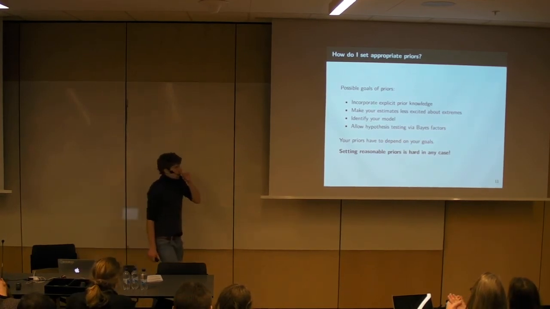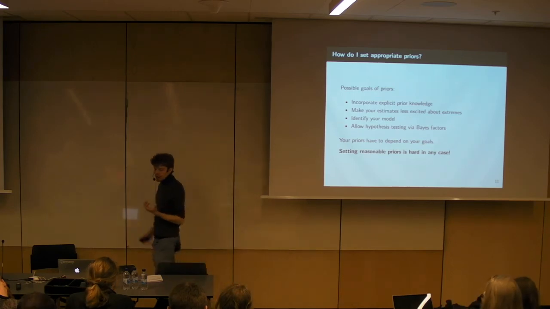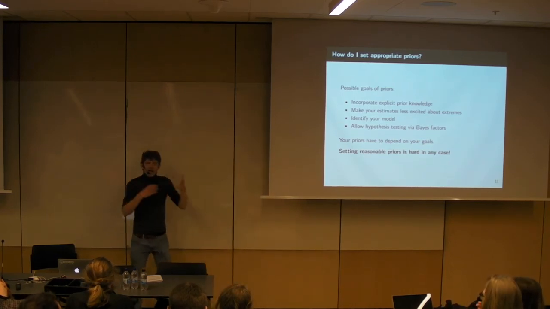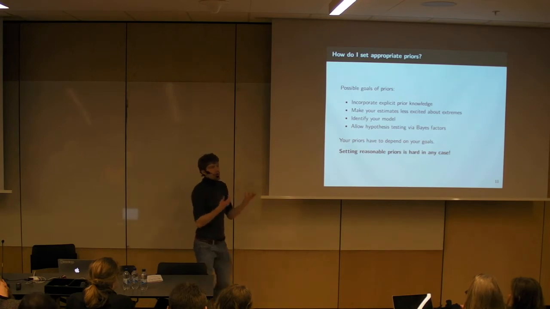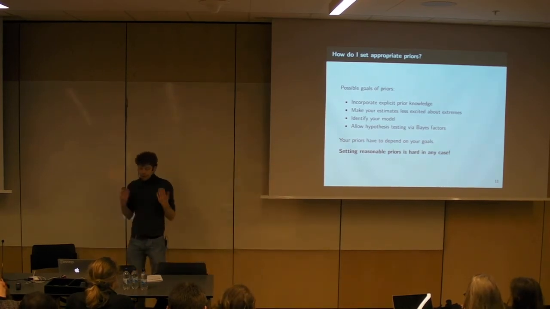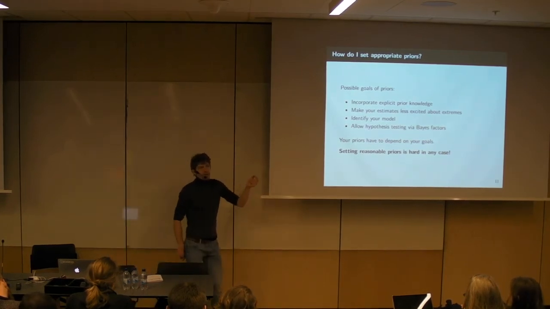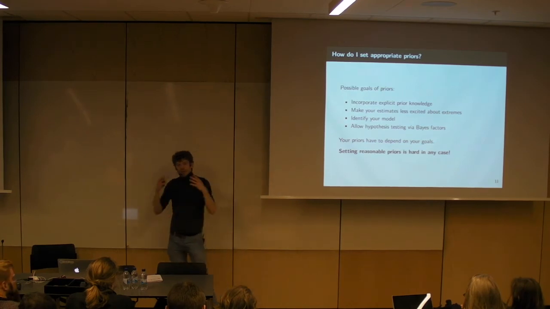In some cases, I have to use a prior to identify my model, because some parameters cannot be identified, informed by the data to a reasonable amount. So I have to use a prior. What frequentist statisticians usually do is they just fix the parameter, which is much more informative than putting a prior on it.